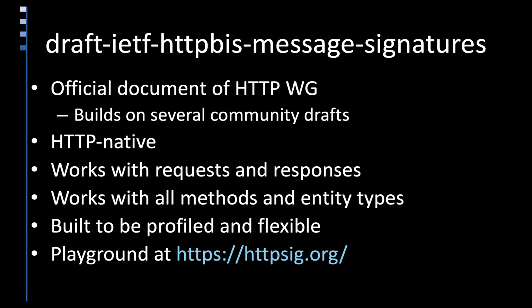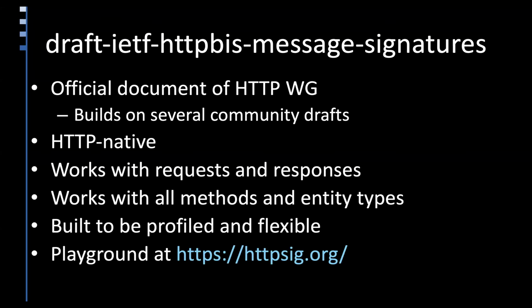This is also designed to be a natively detached signature, so for all of the bits of the message that you're signing, it's very clear how to derive that portion of the signature from the HTTP message. But most importantly, it's designed to be profiled, and it's designed to be flexible in the ways that security protocols like OAuth and GNAP need.